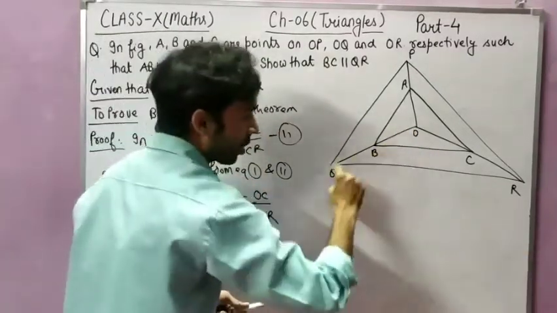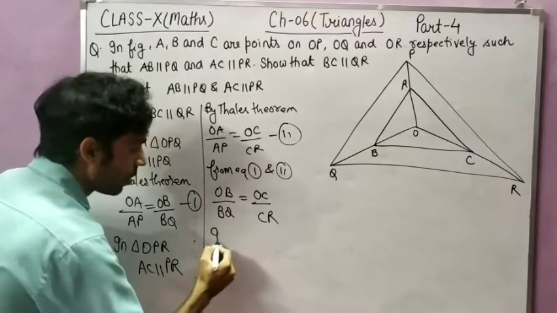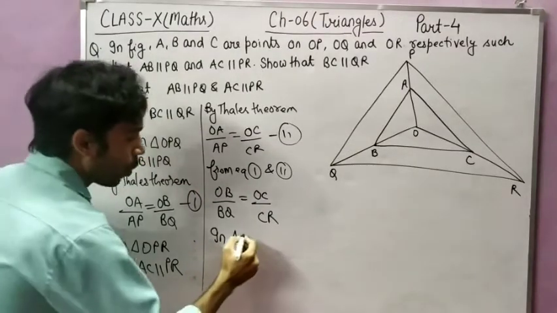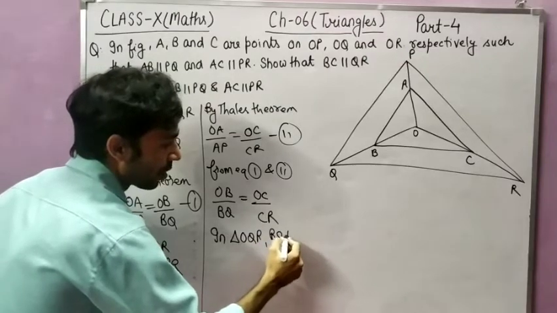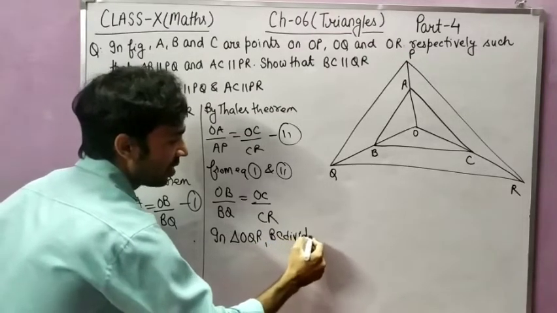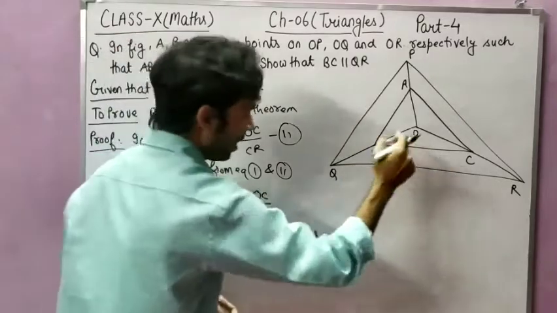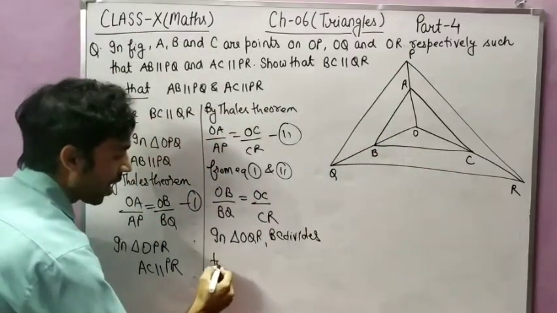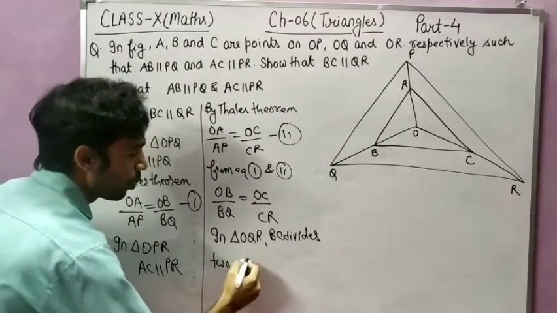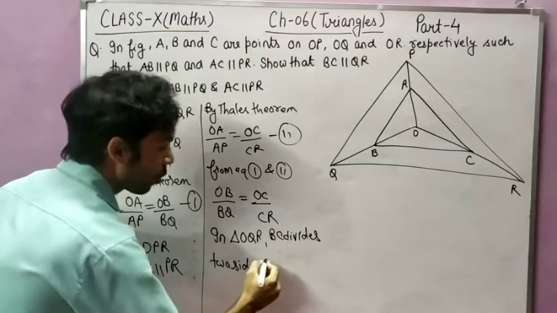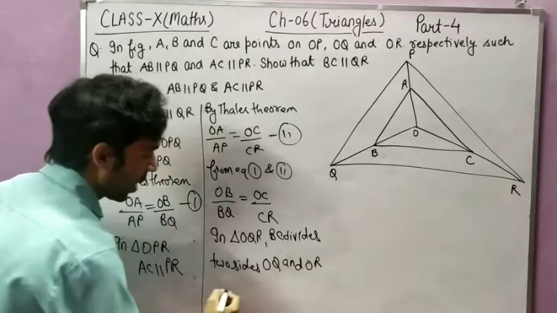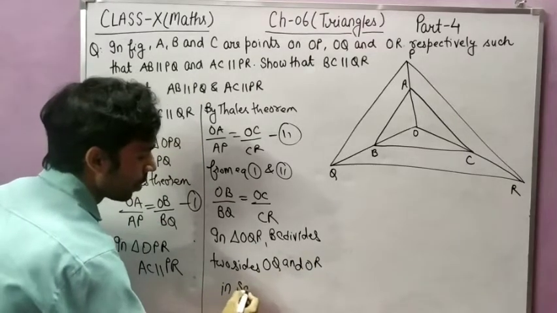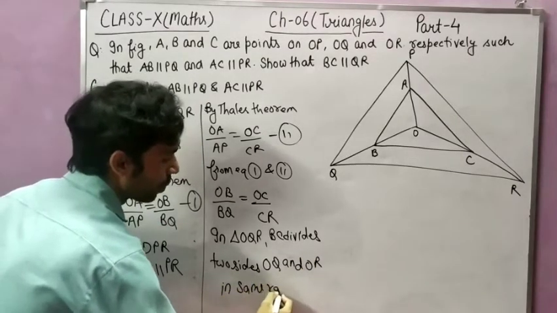See, in triangle OQR, BC divides two sides. Which sides? Two sides OQ and OR in the same ratio.